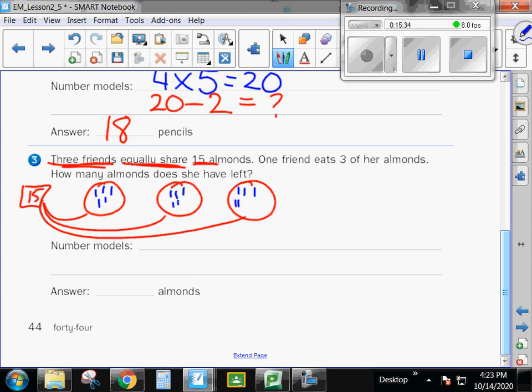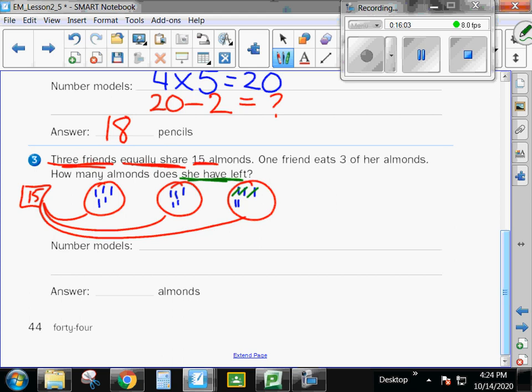Let's see what happened next. It says that one friend eats 3 of her almonds. 1, 2, 3. How many almonds does she have left? It doesn't want to know how many almonds are left in total. It wants to know how many almonds the friend that ate some has left.